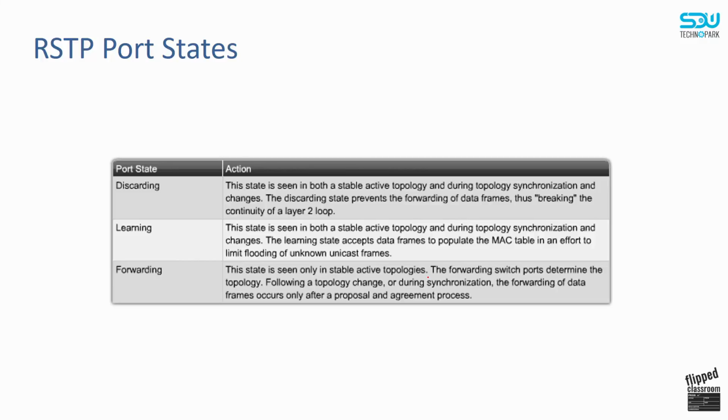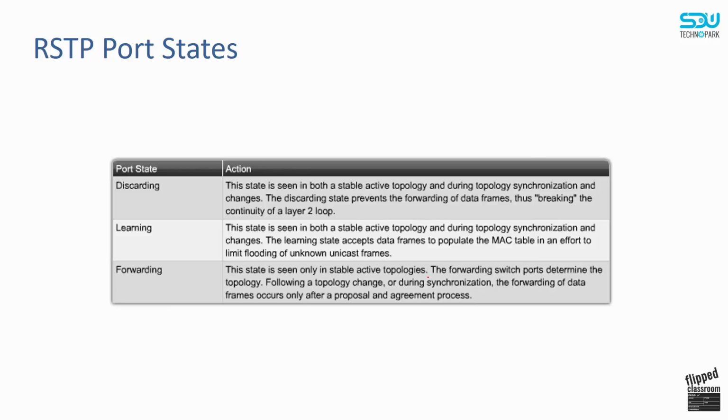The discarding state is seen in both stable active topology and during topology synchronization and change. The discarding state prevents the forwarding of data frames, thus breaking the continuity of a layer 2 loop. The learning state is seen in both stable active topology and during topology synchronization and changes. The learning state accepts data frames to populate the MAC table in an effort to limit flooding of unknown unicast frames.